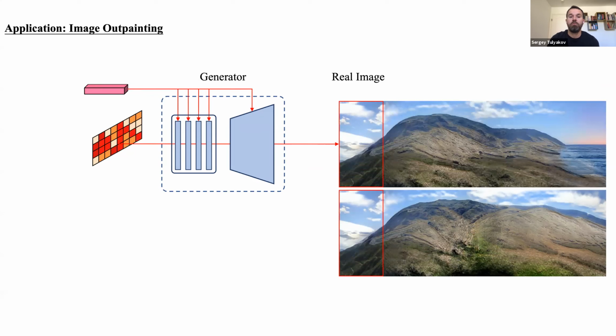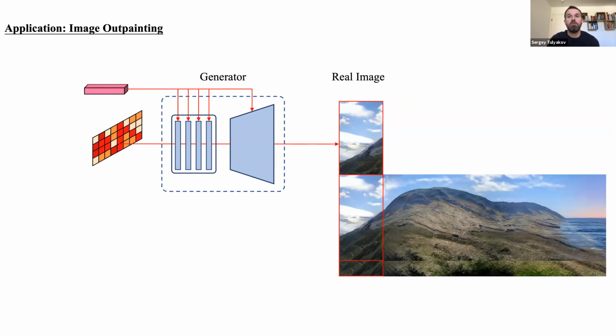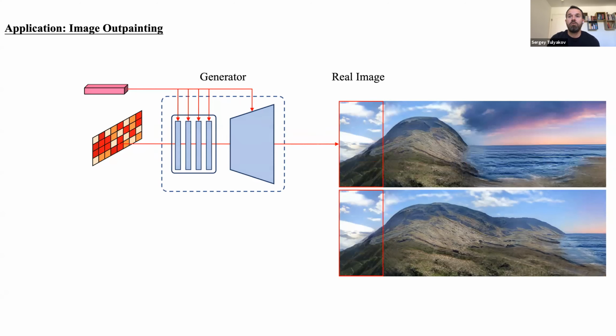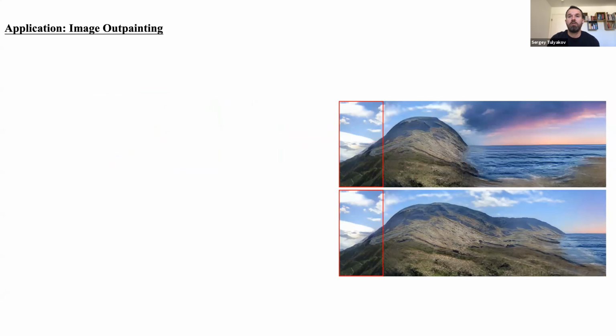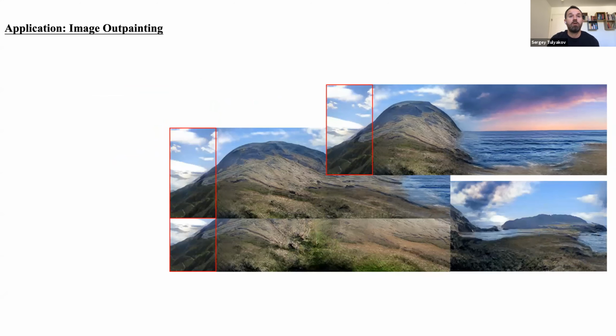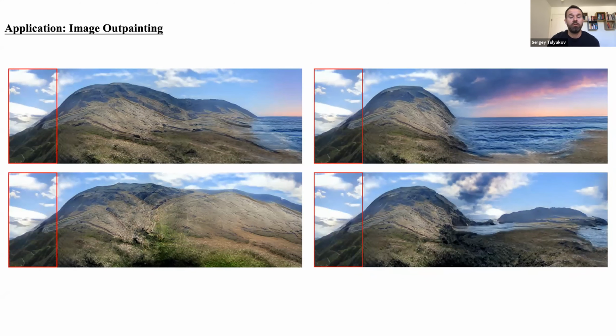We don't need to perform any optimization. We just do it once, and so the diversity is actually something that happens at no cost in this method. So you can see 4 diverse outpainting results.